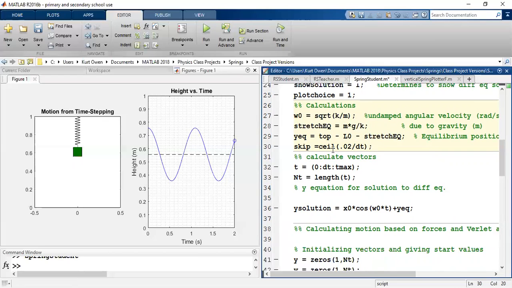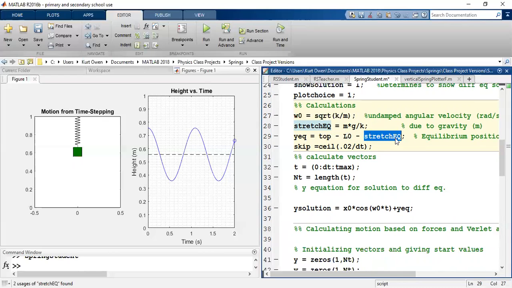Now, where will the equilibrium height be? What we do is we take our top height. The spring, even if it had no mass on it, would have its bottom at L0 below the top. But then when we hang a mass on it, it stretches further. So this relates to the previous video, where you would take whatever the top is minus L0 minus XEQ, which we're calling stretch EQ.